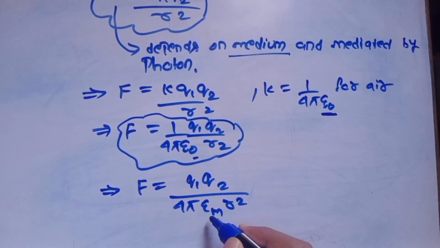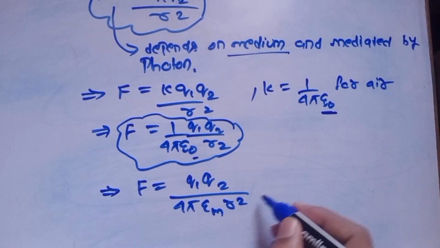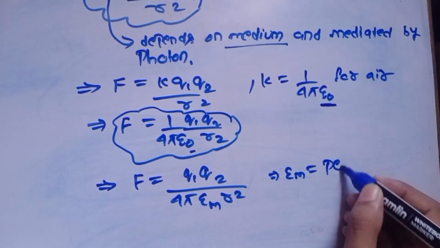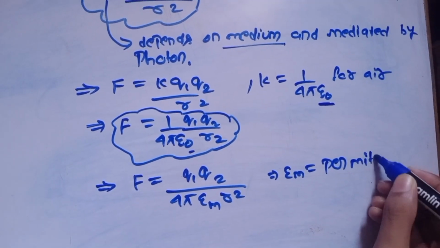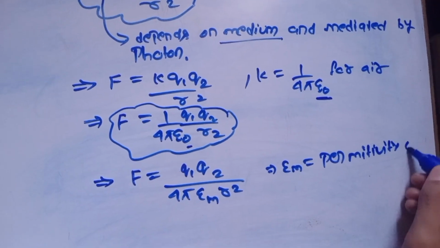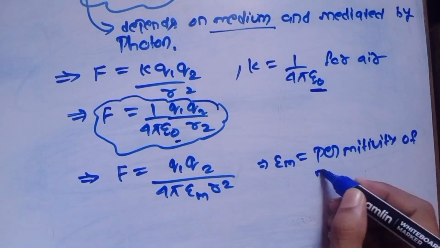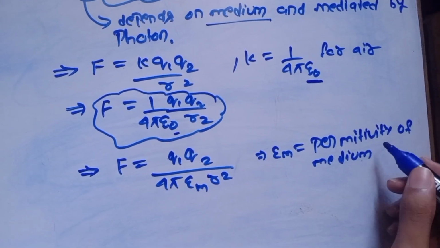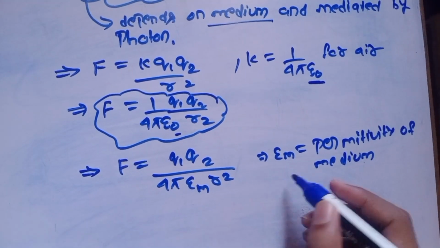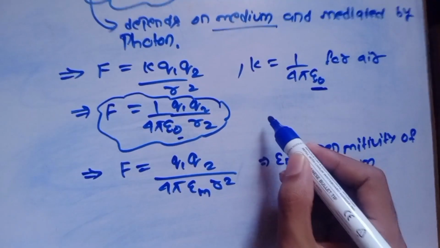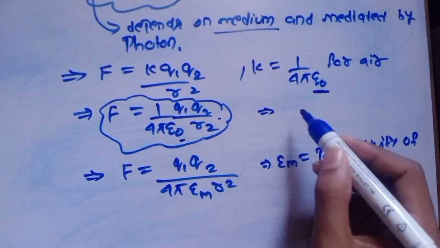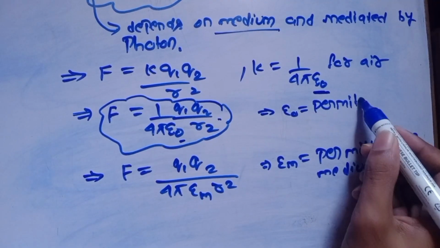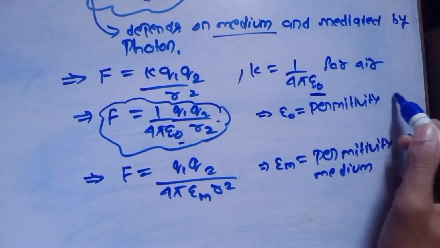Epsilon m is the permittivity of the medium. We will learn more about permittivity in the next video. And here epsilon naught is the permittivity of air.